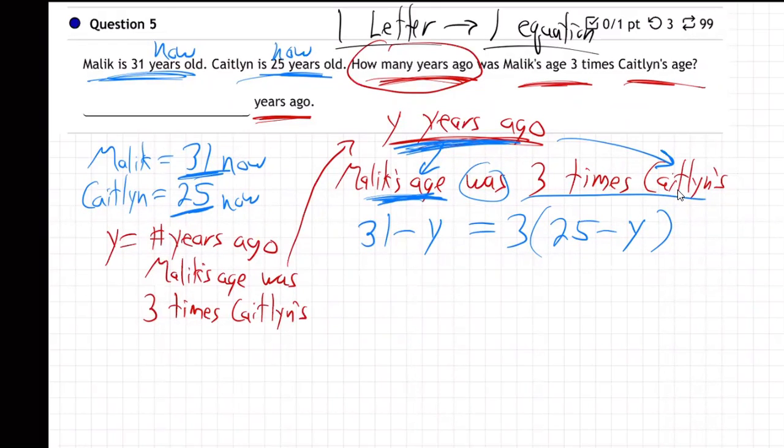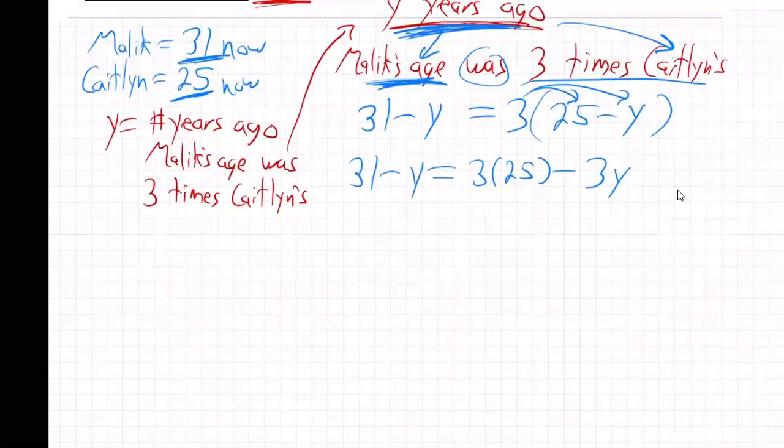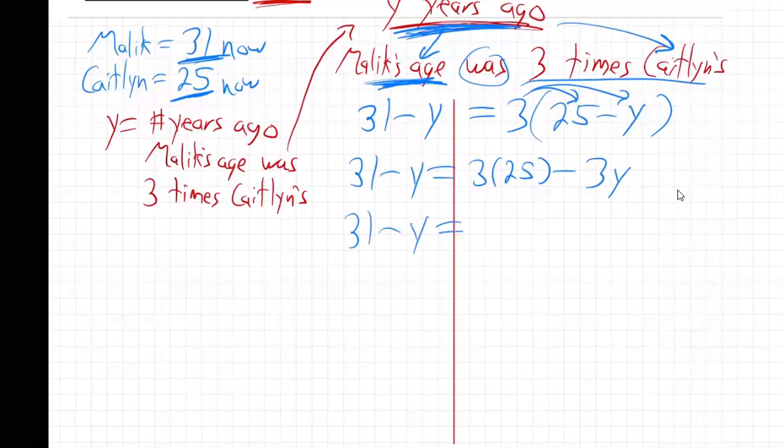So 31 minus Y equals 3 times, distribute the 3 there, 3 times 25 minus 3 times Y. Here is the wall separation. We're trying to solve, 31 minus Y is going to be 75 minus 3Y.